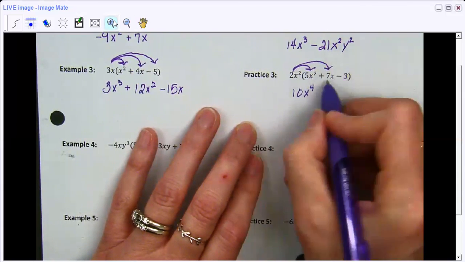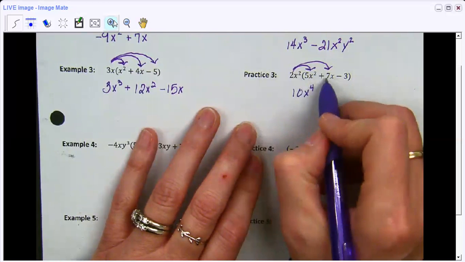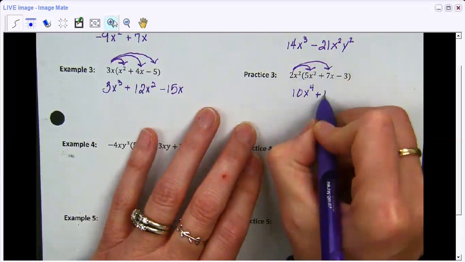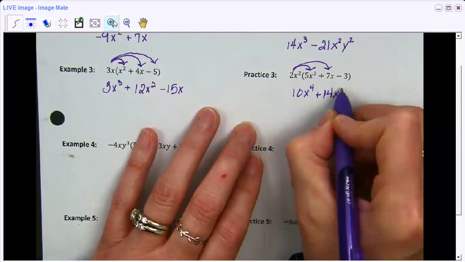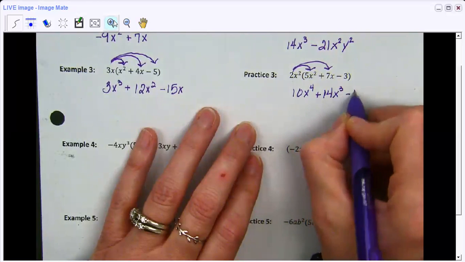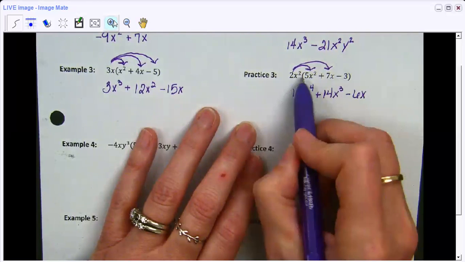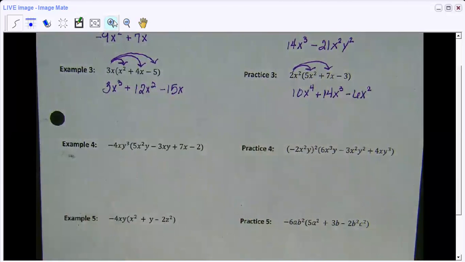And then 21x. No, it's 2 times 7. 14x what? Cubed. Minus 6x cubed. Close. There's no x here. There's only an x here. Squared, not cubed.